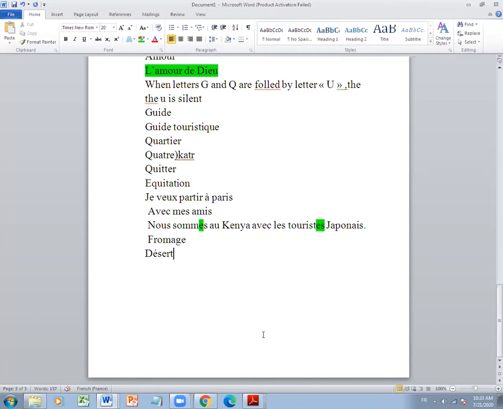Salad is the salad. Okay? Dessert. So you pronounce this as dessert. This is A, not A. Dessert. T silent. So you say dessert. Yeah. Dessert.